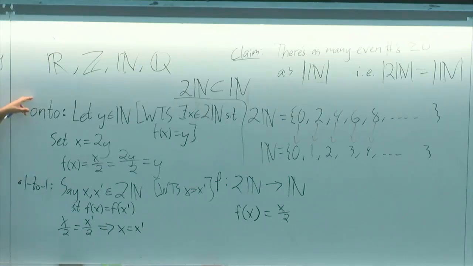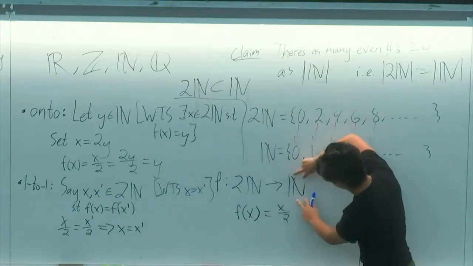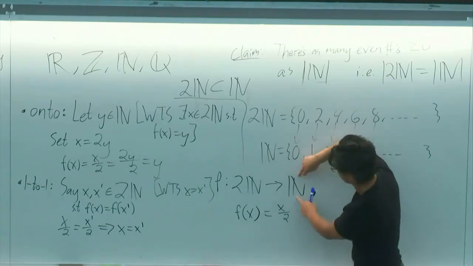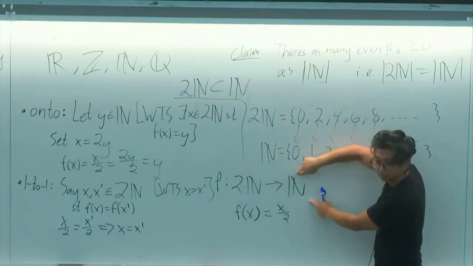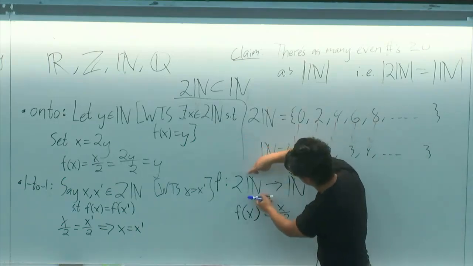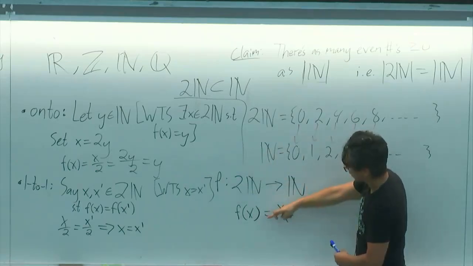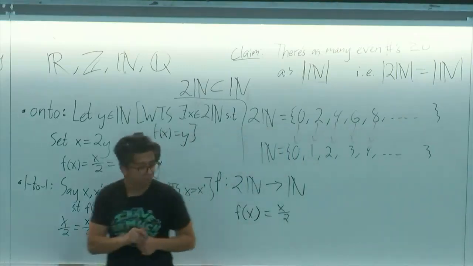Onto means everything in here should have something mapped to it. So we chose something on the right-hand side and showed that we can find something on the left-hand side that maps to it. And then for one-to-one, we just want to show that if any two things collide with the function, they were actually the same thing. There was no real collision.